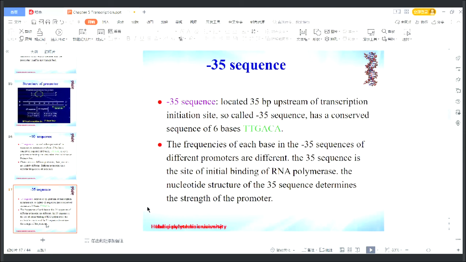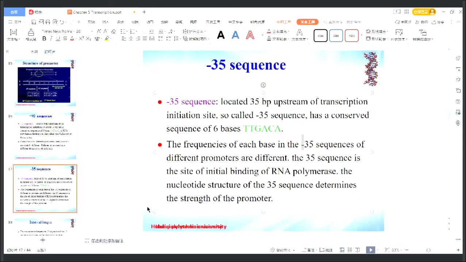The negative 35 sequence is the site of the initial binding of the polymerase, and it is recognized by the sigma subunit.